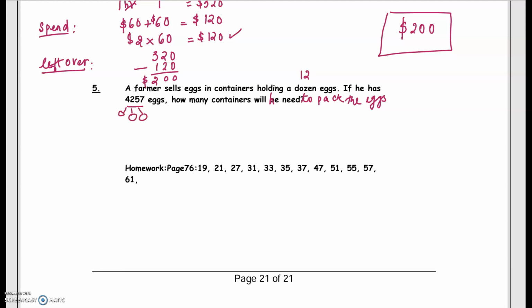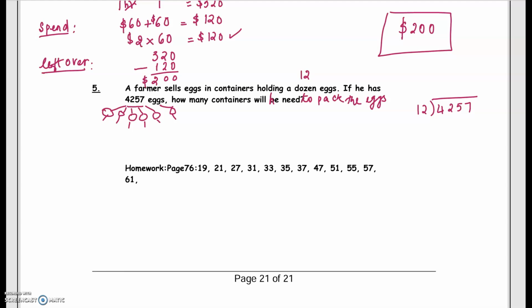The minute I use the words divide it into groups of 12, and that's how you count the total number of containers, we are talking about dividing 4,257 by 12, which means you're going to divide it into little piles of 12 eggs, and each of these piles will go into containers that hold a dozen.